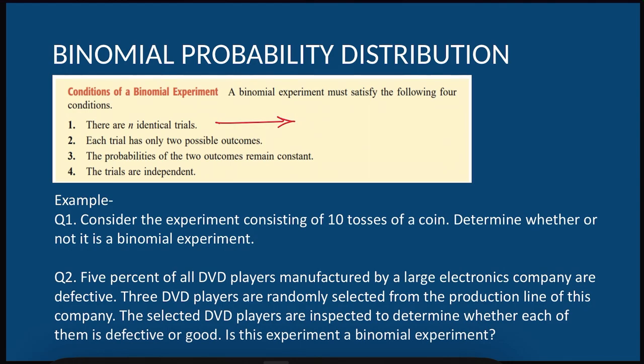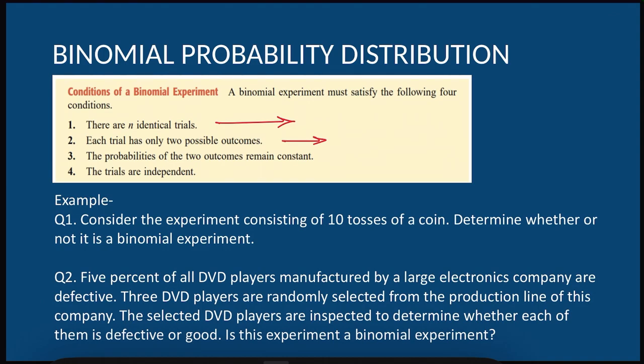The second condition is that for each trial, the only possible outcomes are two, like pass or fail, win or loss, or something else. Only two options are available for a random variable. The third condition is that probabilities of outcomes remain constant during the trials.